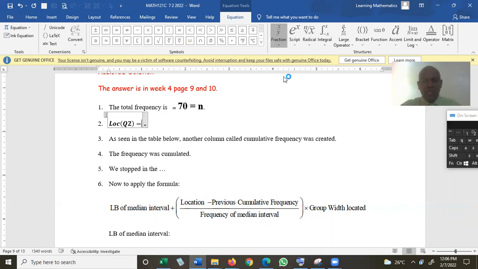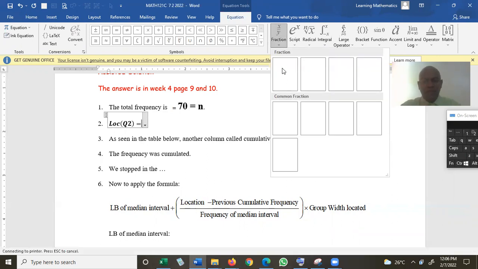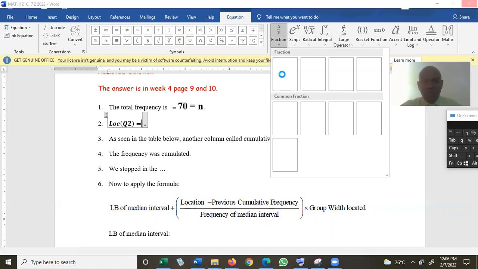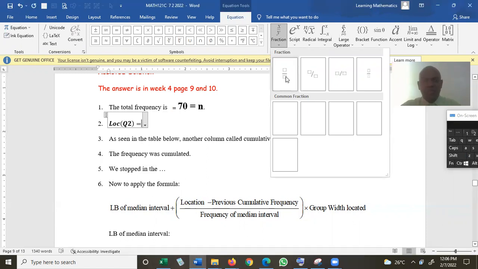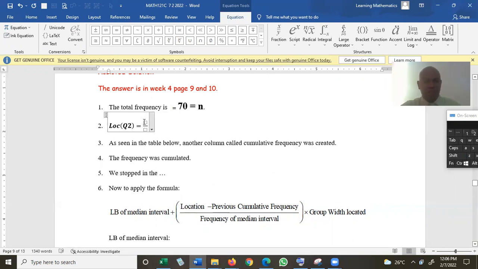The second quartile is a half times N, because for a table of frequency with intervals, you are allowed to drop the +1, just like with the cumulative frequency.